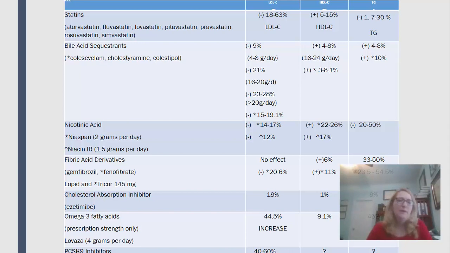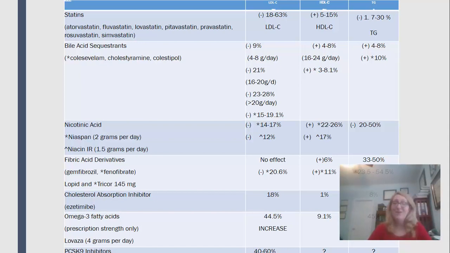When we're thinking about the different medicines, you want to know that with statins, the most common side effect is muscle aches, and that happens in about 10% of patients, okay? And they do have GI side effects. I mean, that is just a given. Statins are associated with about a 10% increased risk of diabetes, and other side effects are rhabdomyolysis and liver failure.